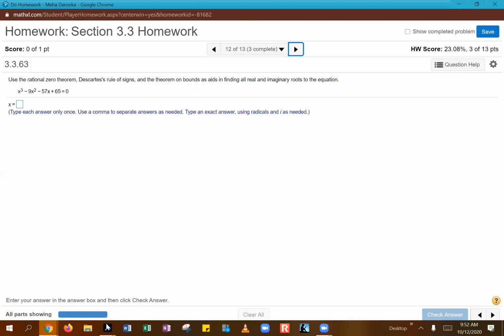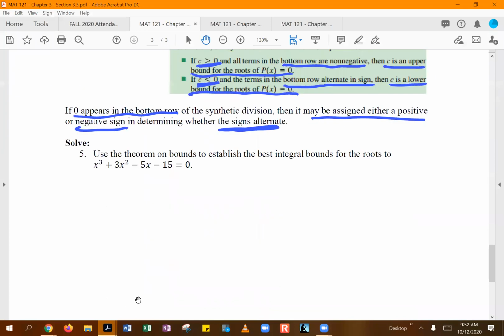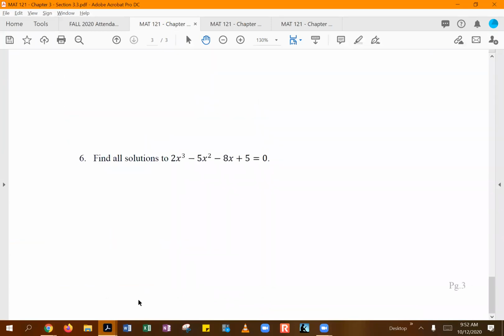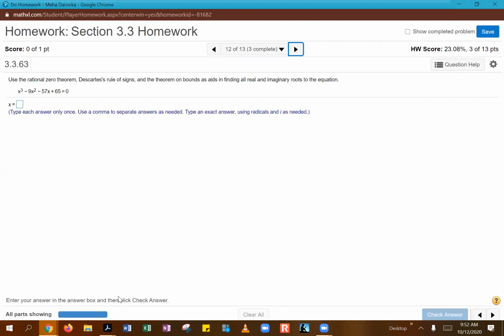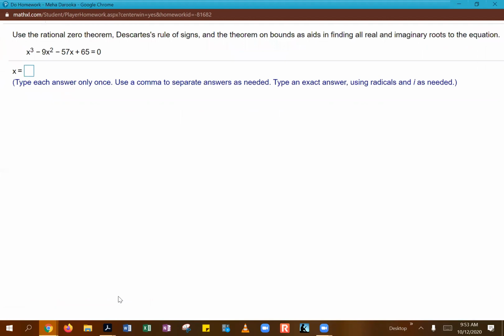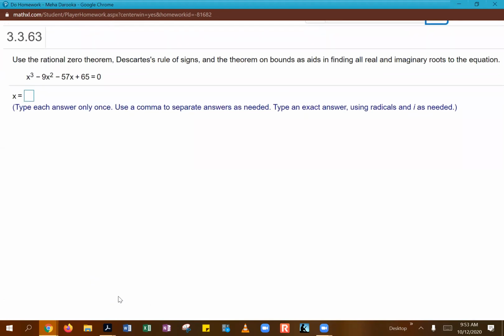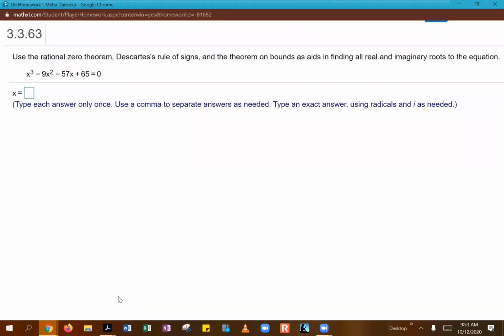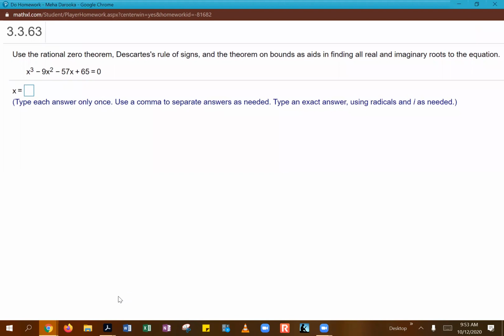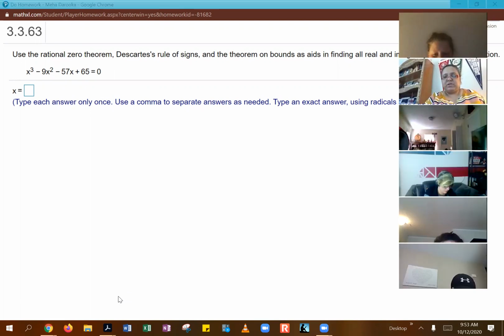number 11. Now, the last part that we actually have here is putting all of these techniques together. So you will actually see in this example, they're telling us to use the rational zero theorem, to use Descartes' rule of signs, to use the theorem on bounds, and putting it all together to help us find what the real and imaginary roots for this polynomial are going to be.